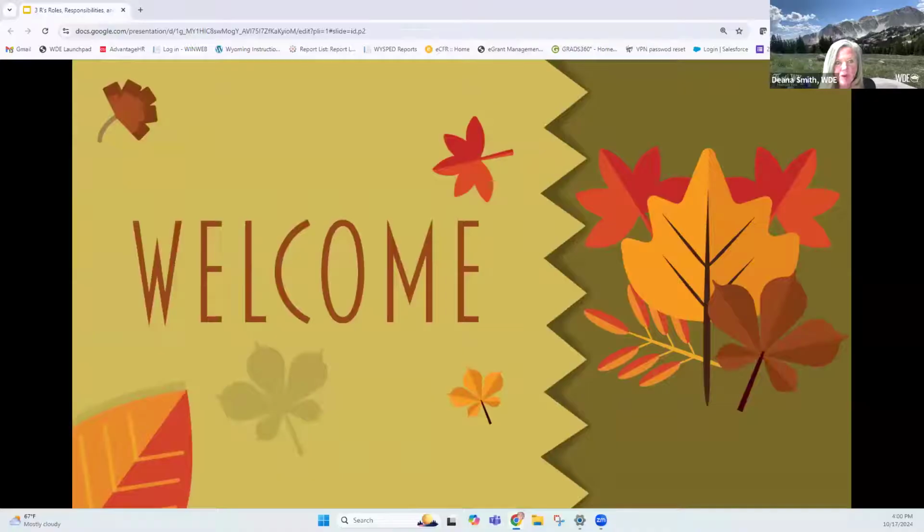Well, I don't know about you, but I love fall. I've had the opportunity to travel a little bit around the state and even into Utah this past weekend, and I just love the changing colors. This is a time when I actually like change. I love that there's a little chill in the air.